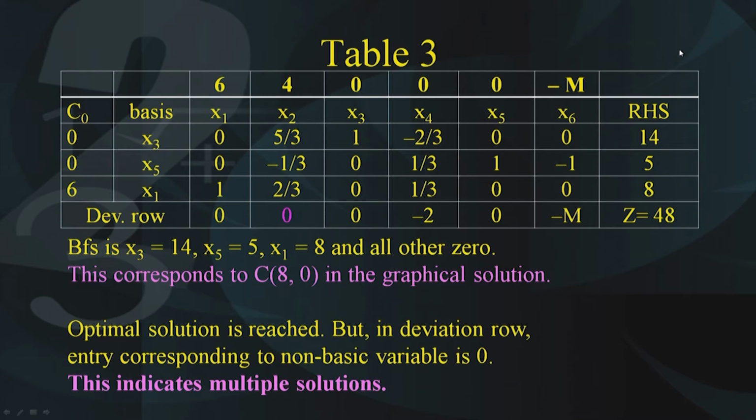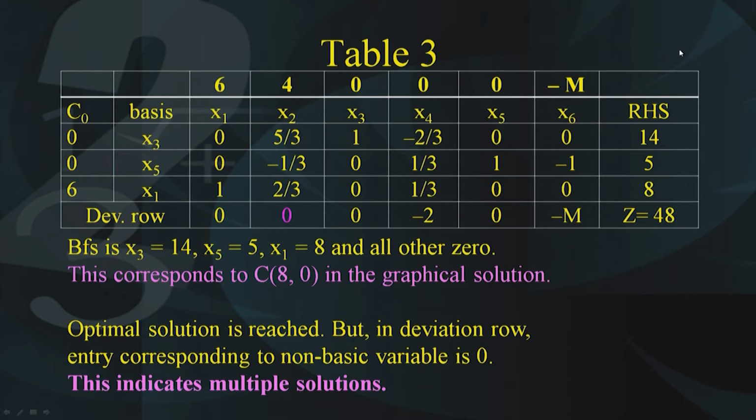Now, this is something which needs to be taken care of, because if there is a variable which is non-basic but has an entry 0, then this is an indication that the problem has multiple solutions. So, what is the indication in the simplex method to find out whether a problem has multiple solutions?